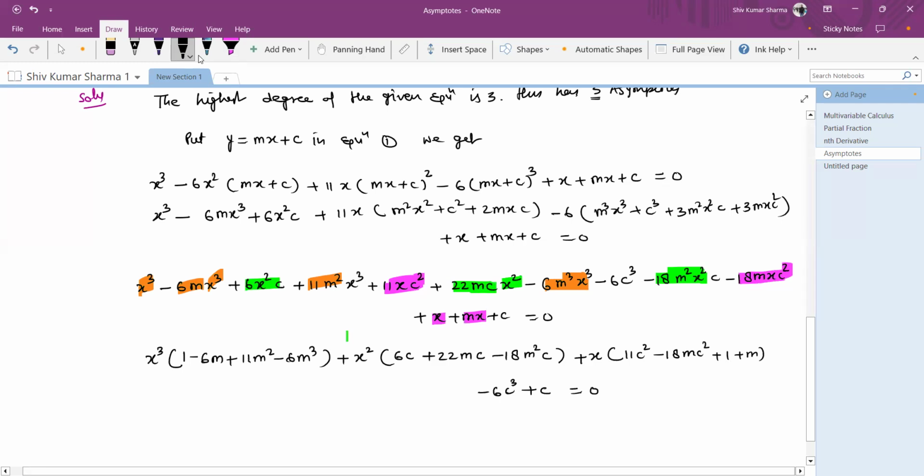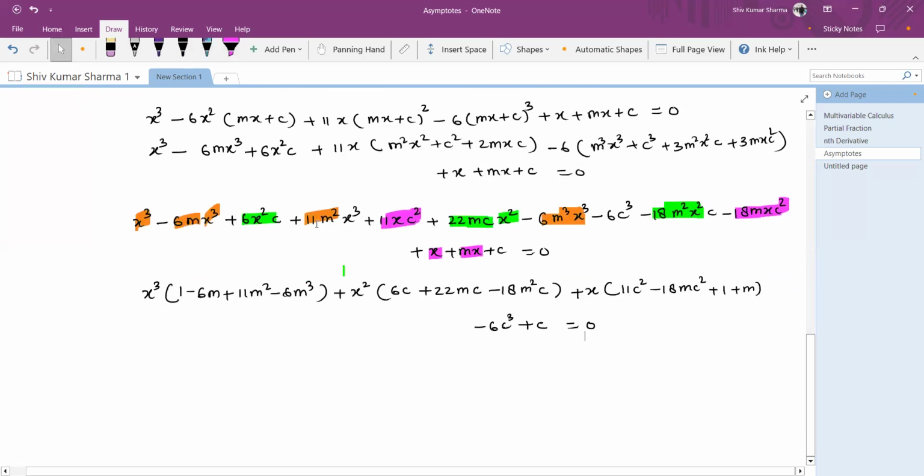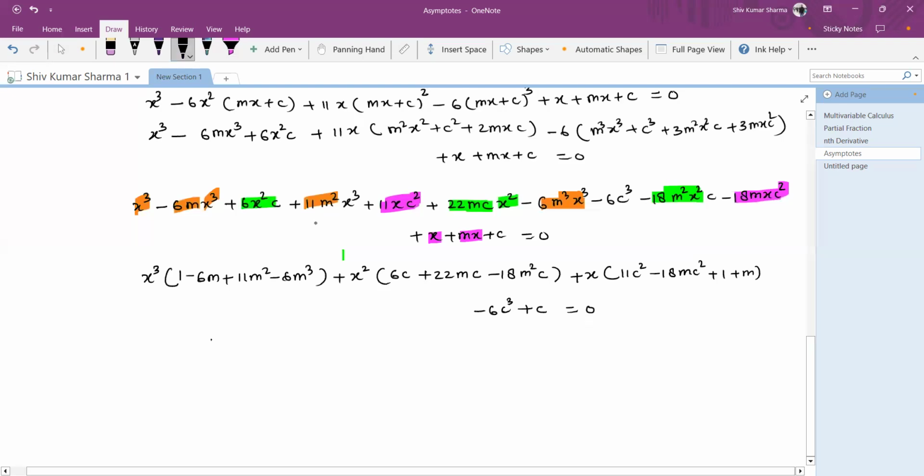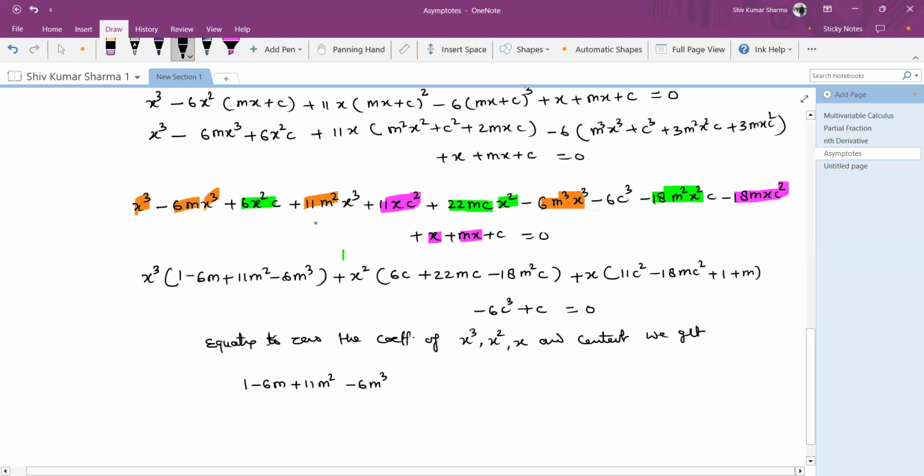So now equating to 0 the coefficients of x cube, x square, x and constant, we get, first, 1 minus 6m plus 11m square minus 6m cube is equal to 0.